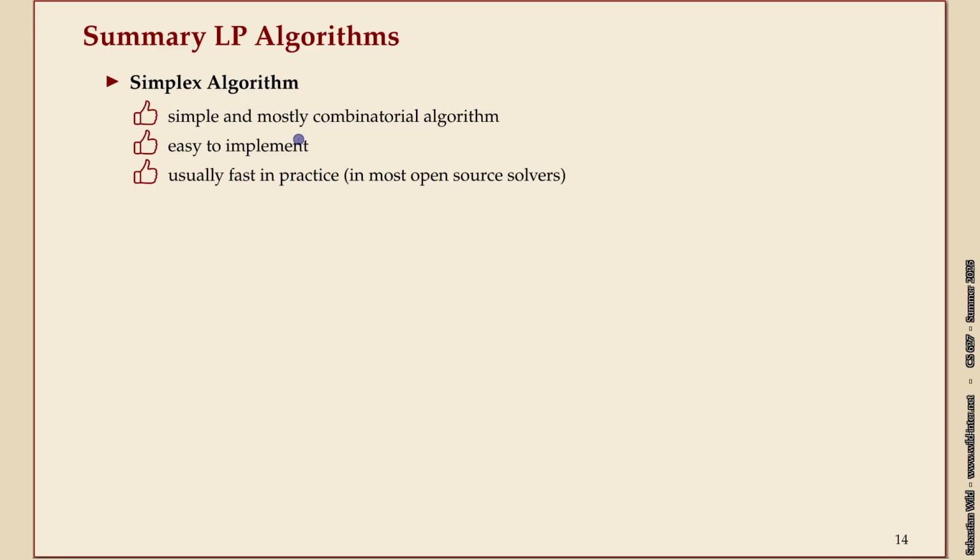Polyhedron is the higher dimensional version of a polygon. It's fairly easy to implement once you dig through the details of what the computations have to do. Implementing it is actually not hard. And it's usually the choice of open source solvers, just because of that. And it's also doing reasonably well anyways.